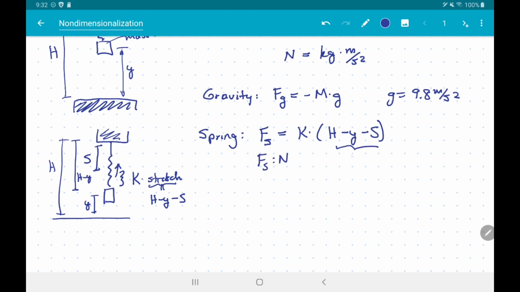This is a sum and difference of lengths, so this is going to be in meters. That means that k has to be in the peculiar units of kilograms per second squared, so that when you multiply it by meters, you get kilogram meters per second squared. So let me write that down. K has units of kilograms per second squared.